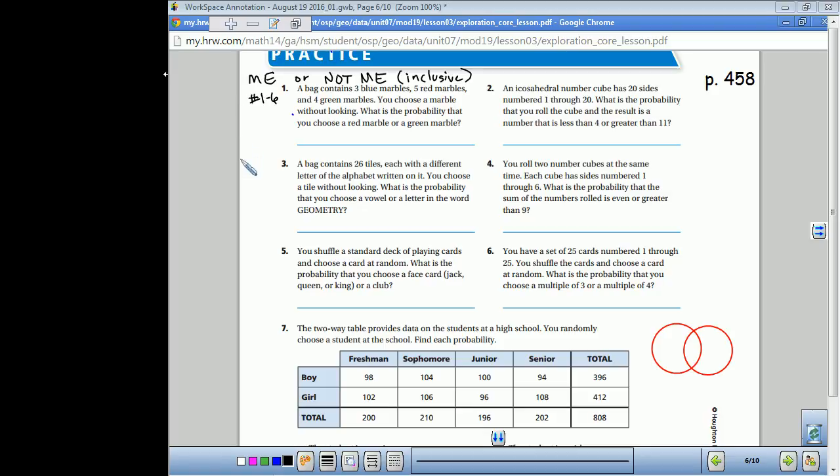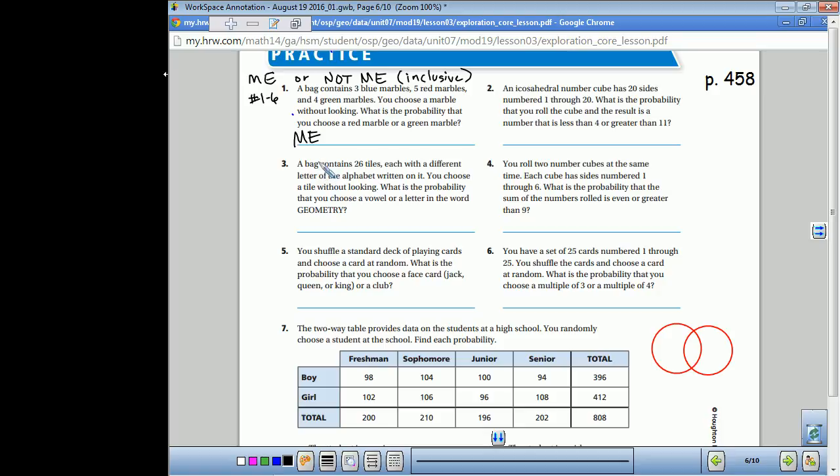Alright, is it possible to draw a marble that is green and red? No. So these are mutually exclusive, right? In one trial, is it possible to draw a marble that is both green and red?